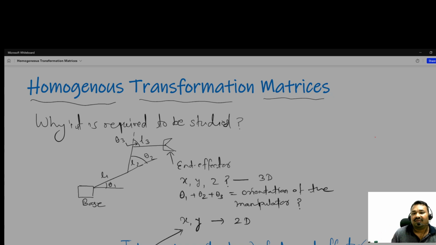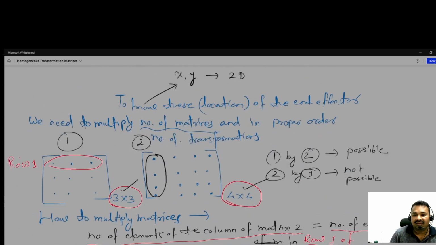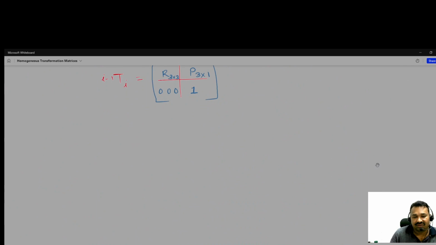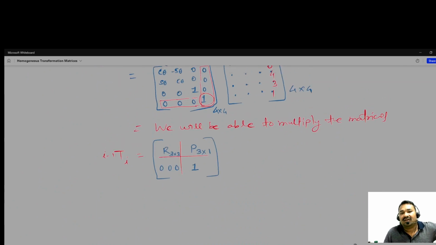And for each transformation we get one matrix, and we need to multiply together in different orders depending upon whether we need to pre-multiply or post-multiply. Okay, then if matrices are not square, we cannot analyze. If it is square, then we can analyze, and we can know what is the orientation of the manipulator, what is the position of the manipulator.